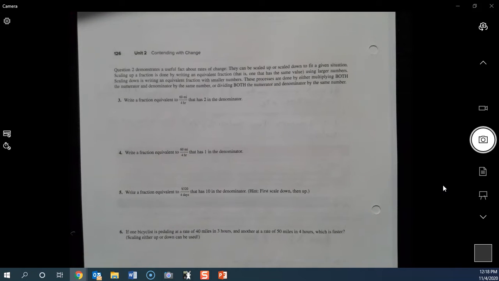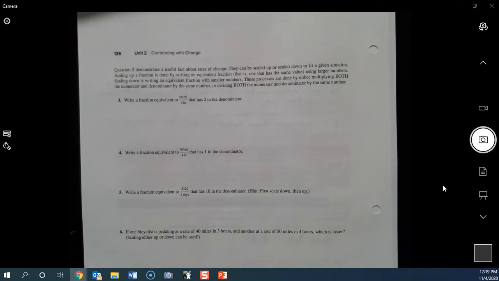It says question 2 demonstrates a useful fact about rates of change. They can be scaled up or scaled down to fit a given situation. Scaling up a fraction is done by writing an equivalent fraction, that is one that has the same value, using larger numbers. Scaling down is writing an equivalent fraction with smaller numbers. These processes are done by either multiplying both the numerator and denominator by the same number or dividing both the numerator and denominator by the same number.